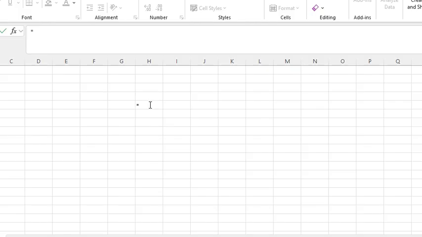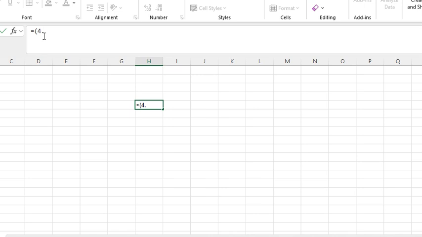Okay, so we go equal to, because we're getting into a formula to calculate. On the very first one, I'm just going to start writing.